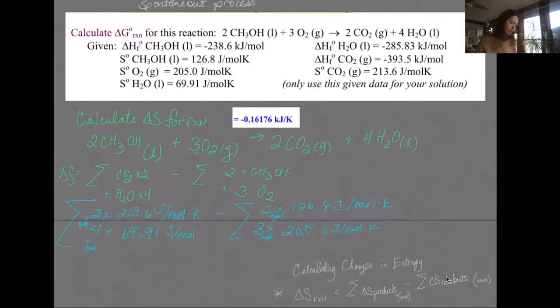All right, let's just add those guys up and hopefully it matches that pretty little number there in blue. Okay, 2 times 213.6 plus parentheses 4 times 69.91 close equals 706.84.